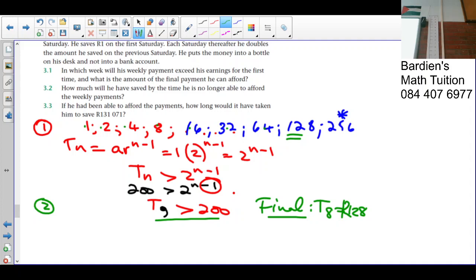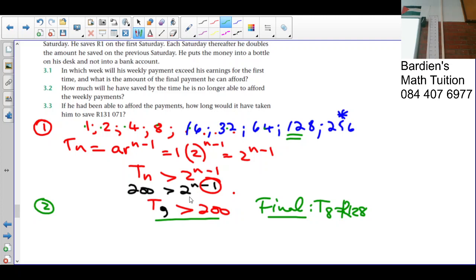Then in the next question we are told here, how much would he have saved by the time he is no longer able to afford to pay the weekly payments? So in other words, we're going to calculate the sum of how many weeks. How many weeks can he save for, people?